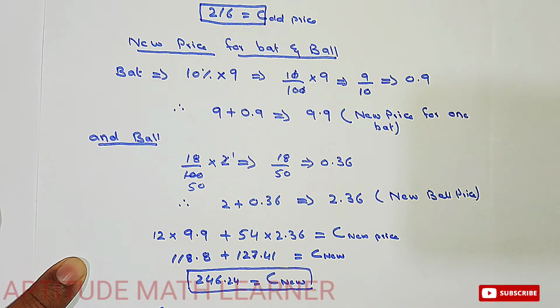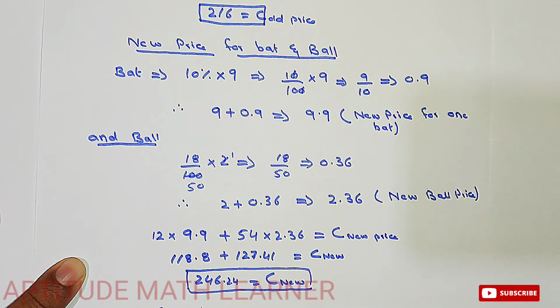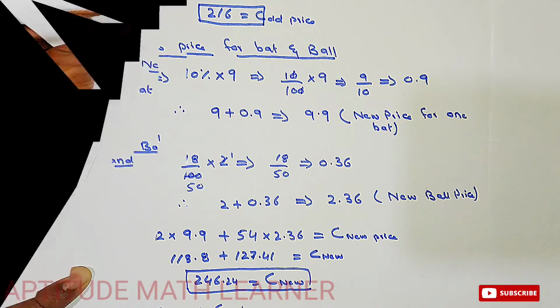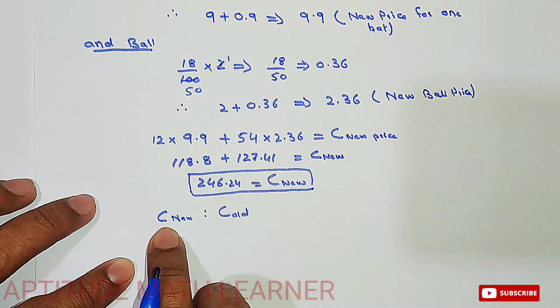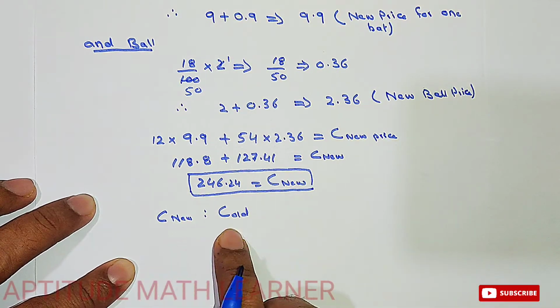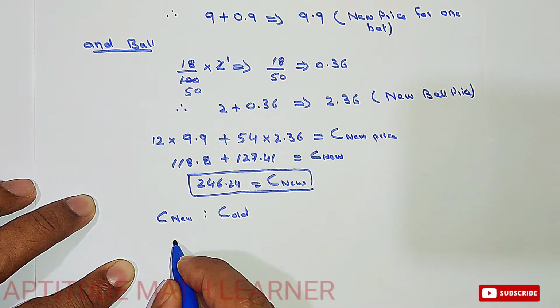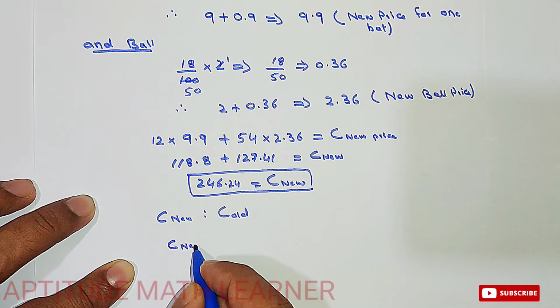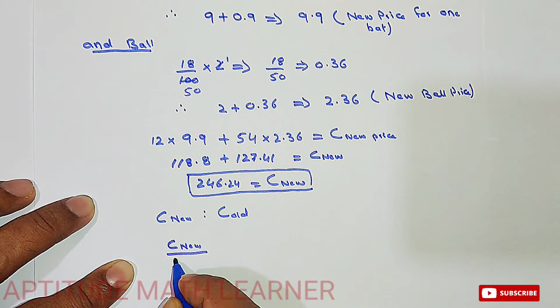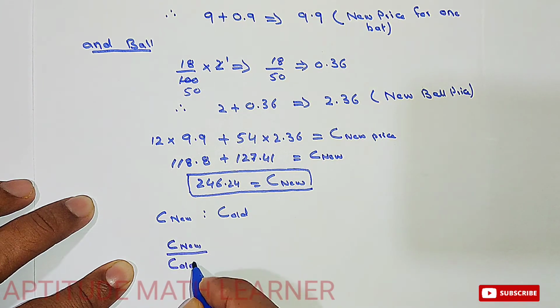C for new, cost for the new, and cost for old. So we have the ratio of the cost for new and the cost of the old price. This becomes C new divided by the old price.